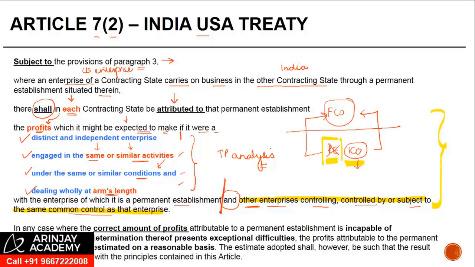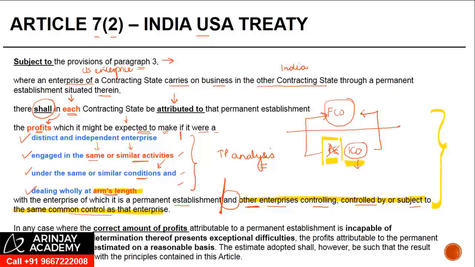Now, when we talk about the arm's length price, it's not the maximum price, right? It is the price which would be charged between two independent enterprises who are operating independent of any kind of pressure or obligation to the other, right?